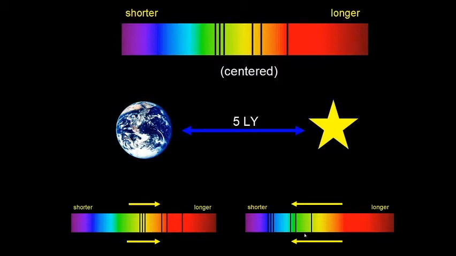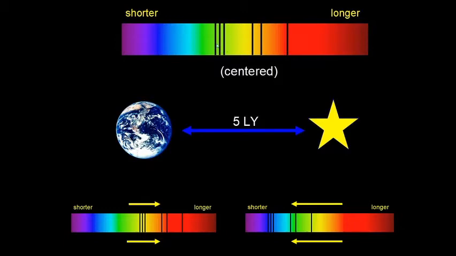Now, which one of these is shifted towards the blue? This one is, if it's moving towards us, and this one is moving away. There's more information here than meets the eye. Notice how one of these is shifted way more than the other. Look at where it usually is, when it's not moving.